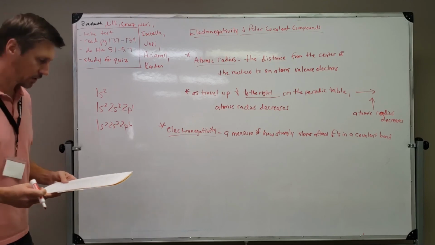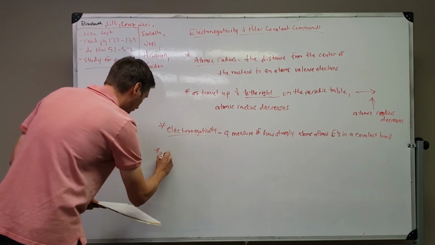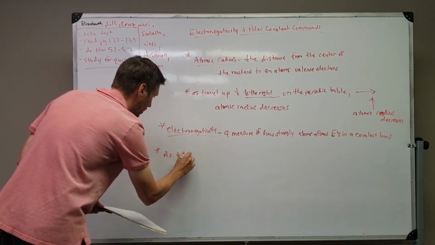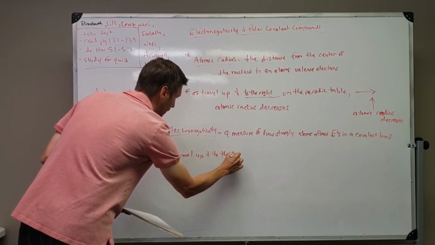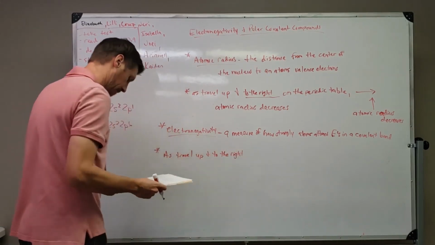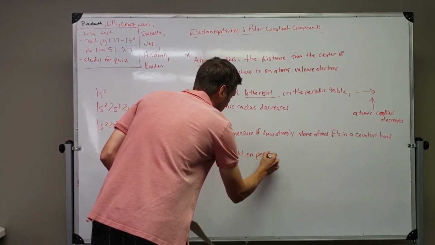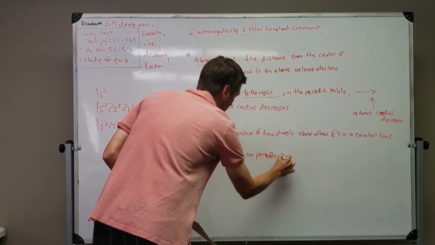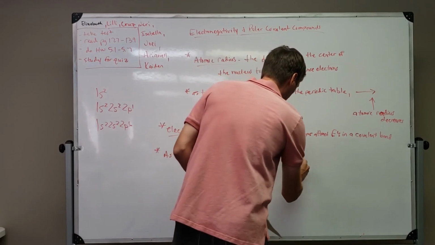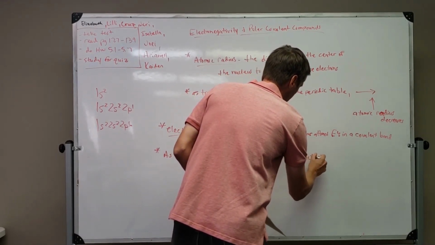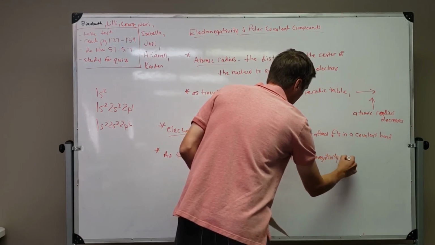All right? And so as it turns out, for EN, for electronegativity, as you travel up and to the right on the periodic table, electronegativity increases.